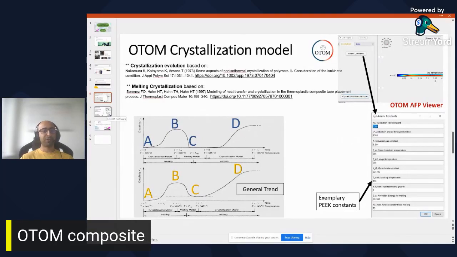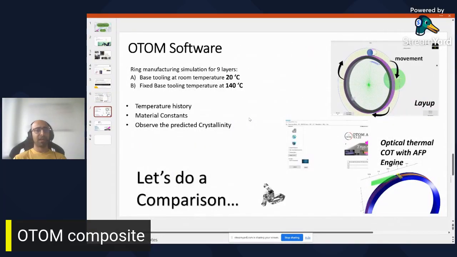For today's webinar, I would like to show you two examples for the ring manufacturing simulation for 9 layers. So we have the example here. The roller paths go through this movement around 9 times, and these 9 layers will be on top of each other. We already performed the optical thermal simulation with the main software, and we extracted and generated the thermal history of this model.